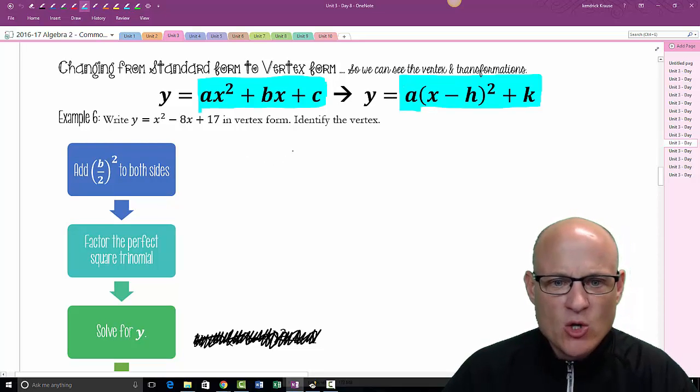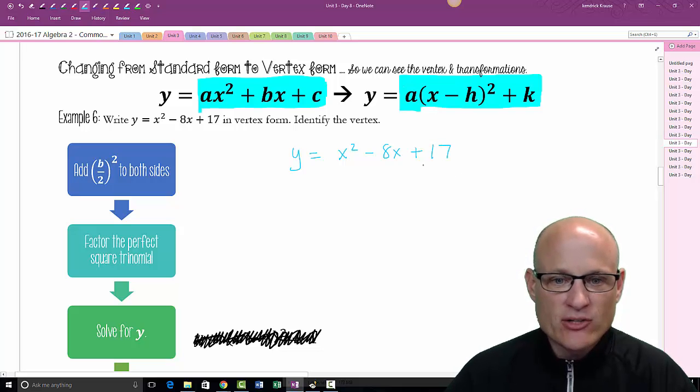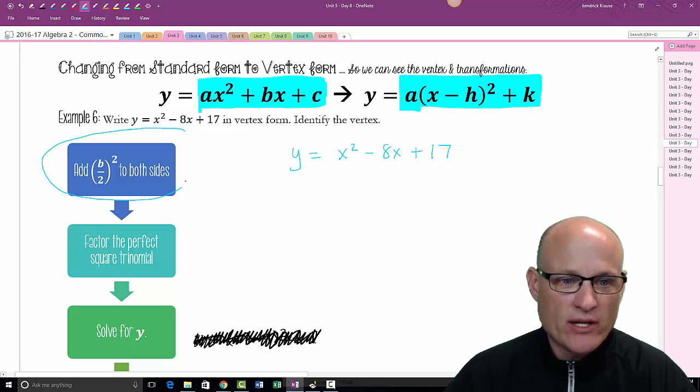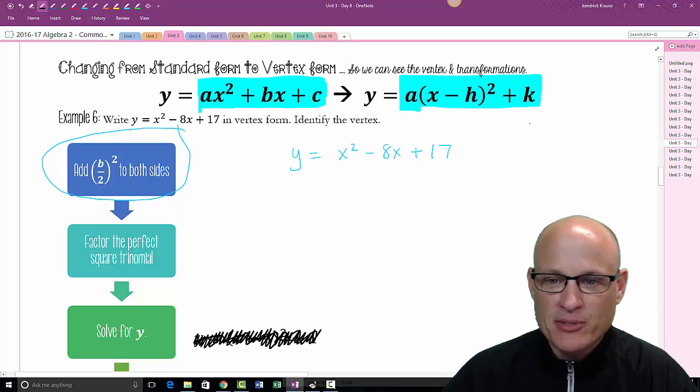So here's what we got. We've got y equals x squared minus 8x plus 17. So here's how we're going to handle it. In order to balance equations, we're going to add the same thing to both sides. We're going to take half the b term, so that's negative 8 over 2, which is negative 4, and we're going to square it, and we get 16.